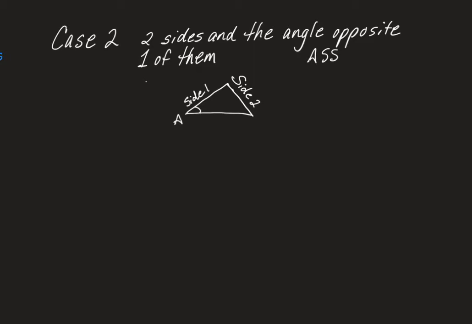It might also look like this, where you have an angle right here. So there's the angle, and you have a side of a given length. So there's side 1. And to finish that triangle, you must remember, we don't know how long that side is. We're not being given that information.